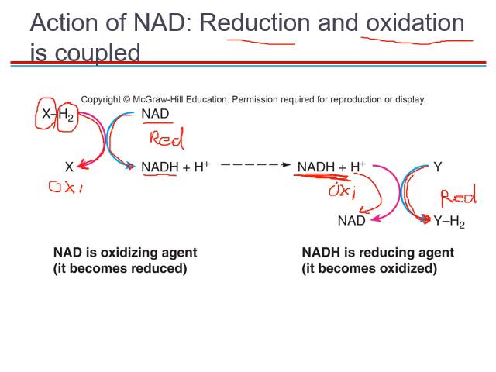So these are always coupled. In these oxidation reduction reactions, the electrons don't just come out of the blue. One molecule gets oxidized, and then another molecule in turn gets reduced. So the electrons just get passed along from molecule to molecule. But the way we're going to pick up most of the electrons along the way when we're breaking down glucose is picking them up in this NAD molecule.